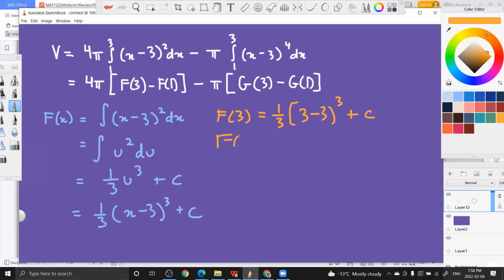So F(1) is equal to 1 over 3 times (1 minus 3) to the power of 3 plus c. So this will be 0, 0 plus c, right? Because 3 minus 3 is 0. And then this over here will be negative 2 to the power of 3, which is negative 8. So negative 8 over 3 plus c.